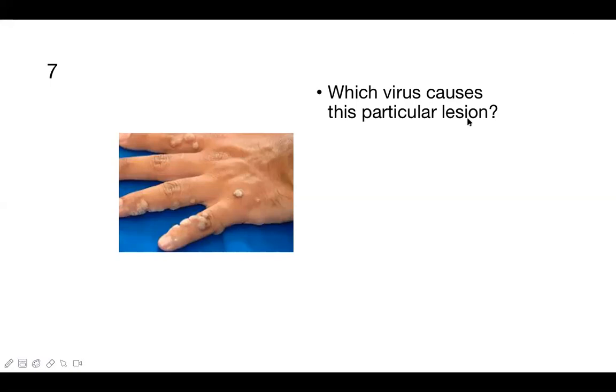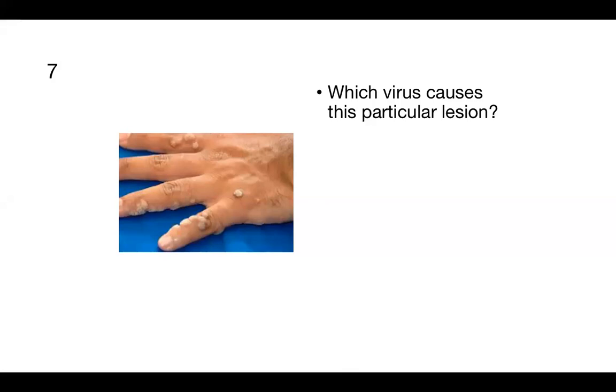Now, this human papillomavirus is considered a sexually transmitted infection also because it can cause anogenital wart. There are so many different strains of HPV which can lead to anogenital wart. If that is caused by types 16 and 18, it can also lead to carcinoma of the cervix.